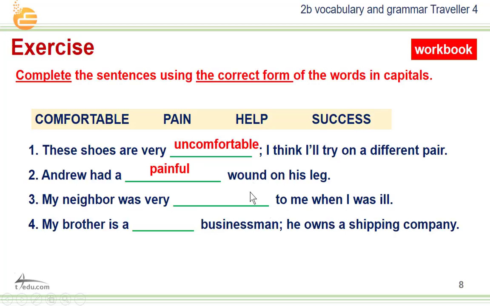Success or help, but we should add a suffix which is full, helpful. Number 4, my brother is a businessman. He owns a shipping company. My brother is a successful businessman.